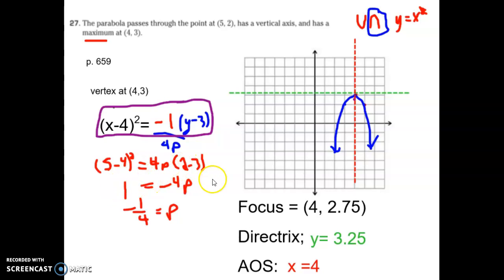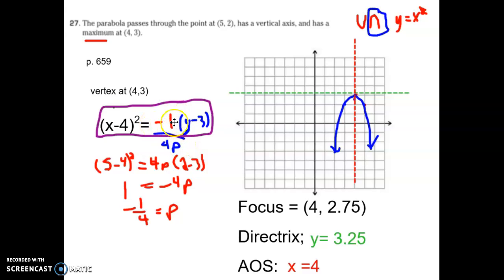Then I simplified, and I get 1 squared, which is 1, equals 4p times (2 minus 3), and 2 minus 3 is -1, so that gives me -4p, which means p is -1/4. That makes sense because if p is negative, that tells me this is opening down.